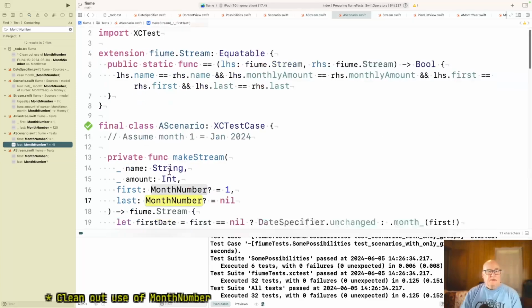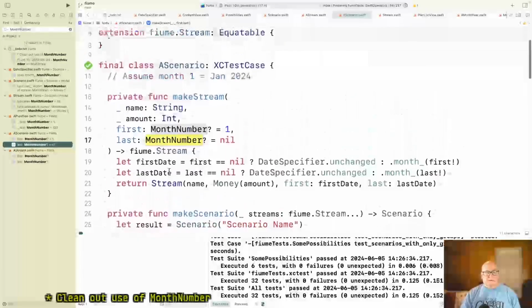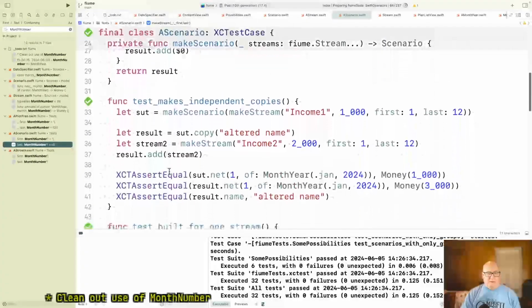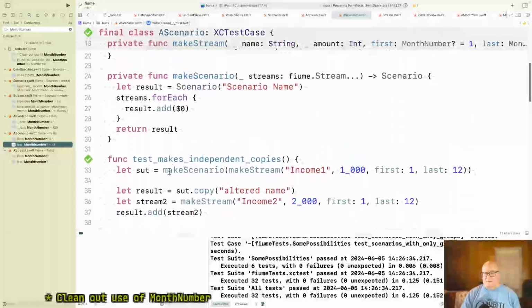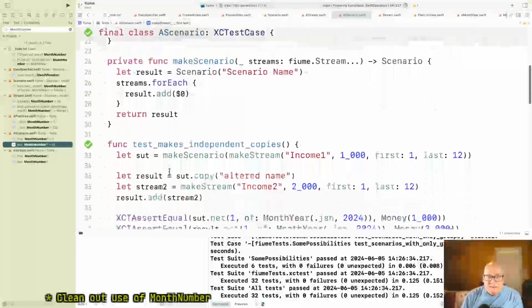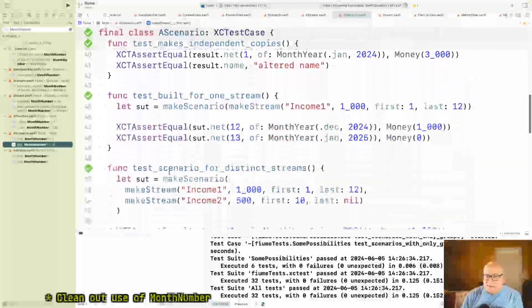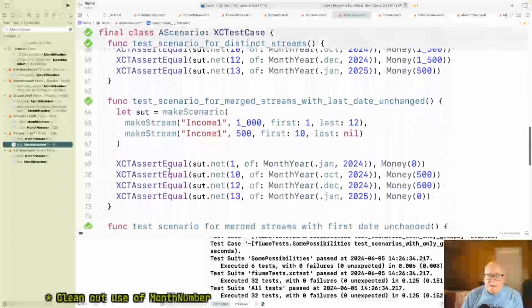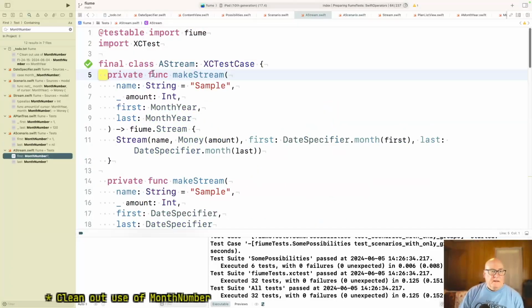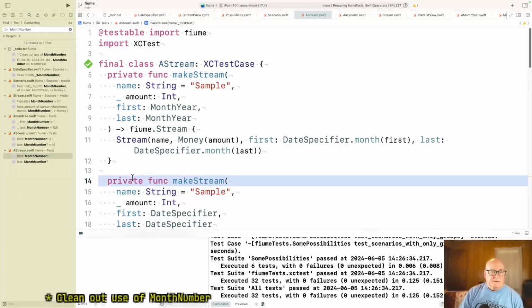A scenario. Well, almost the same. Kind of the same problem. We have some tests that use nil for that. Yes. I'm going to take that same function.